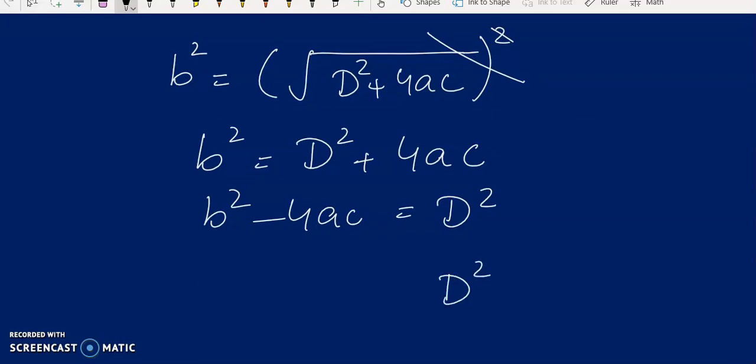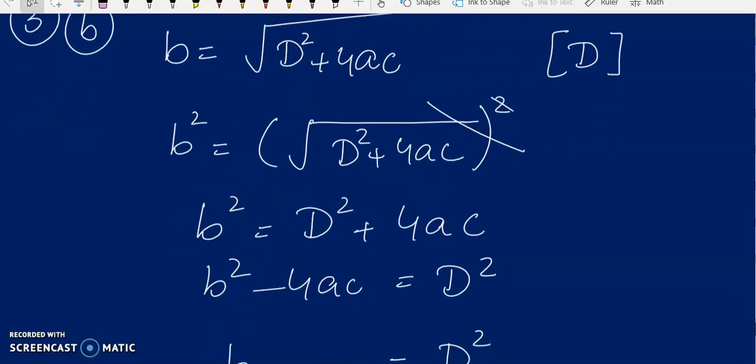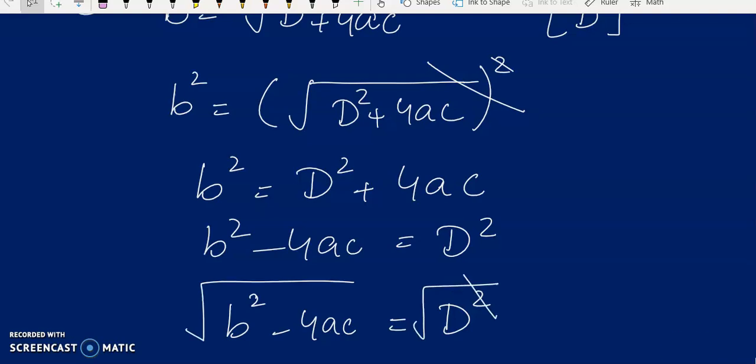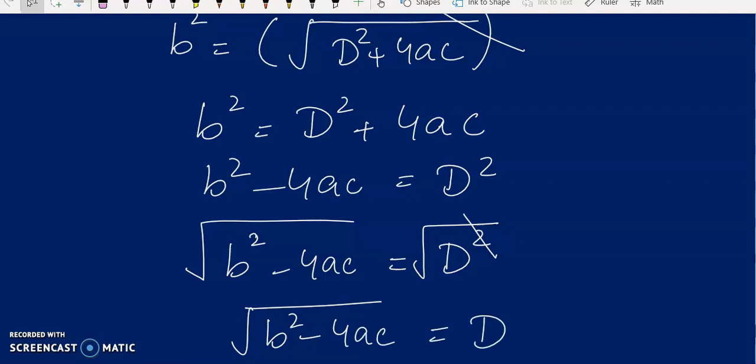Now in order to find d, we need to take square root on both sides. So this square cancels out with square root and finally we get b square minus 4ac is equal to d.